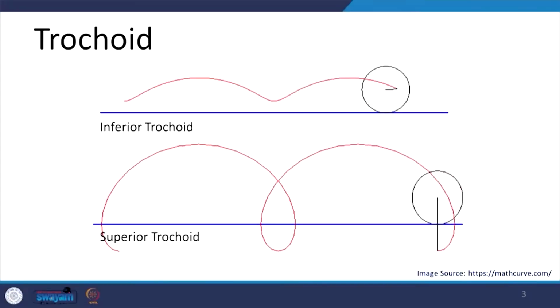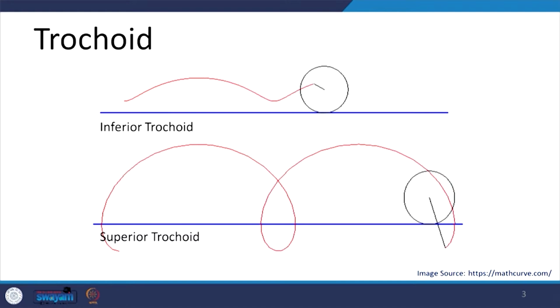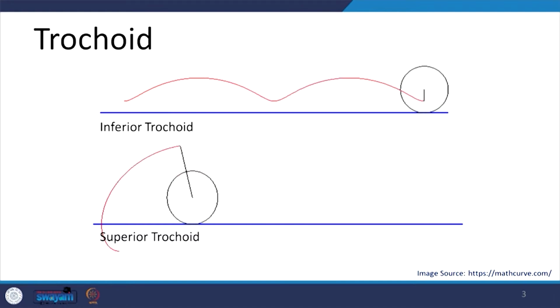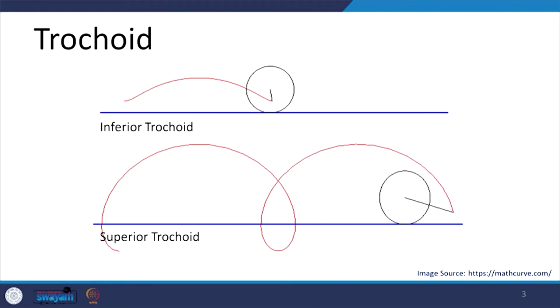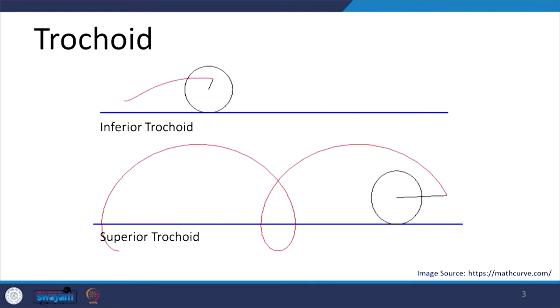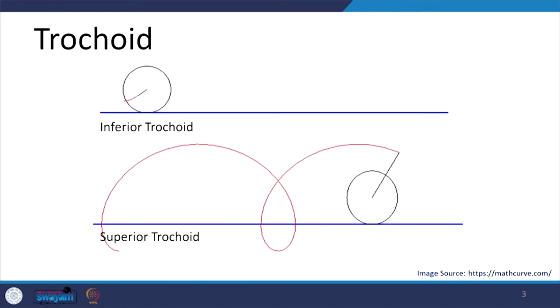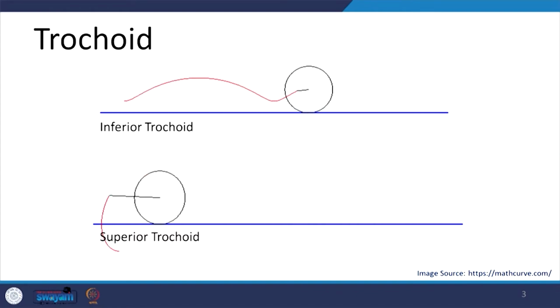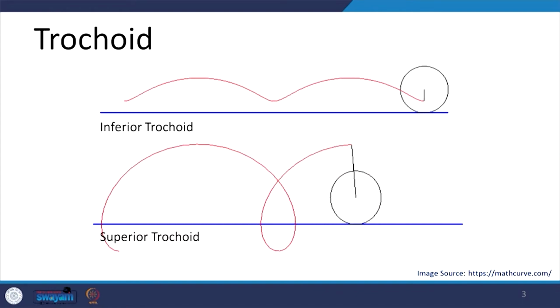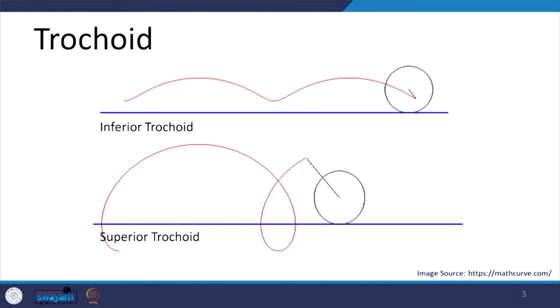Now, suppose this point P, for which the path was being traced as cycloid, is not on its circumference, but inside the circle or outside the circle. So, the path which will then be traced will be called a trochoid. So, if you look at the screen, the inferior trochoid is the path traced if the point is inside the circle.